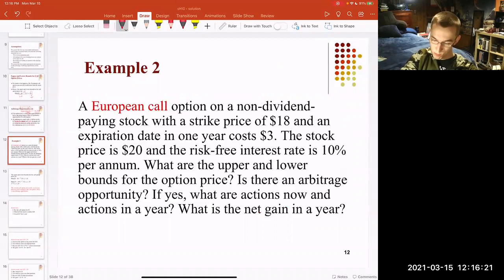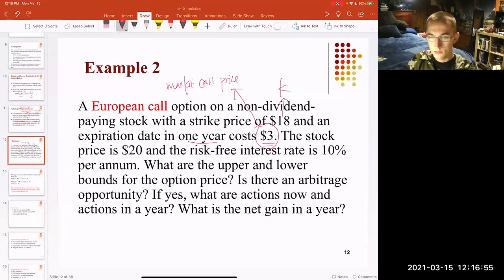Example two: a European call option on a non-dividend paying stock with the strike price K of 18. Expiration is in 1 year, and the cost is $3. This is the market call price.